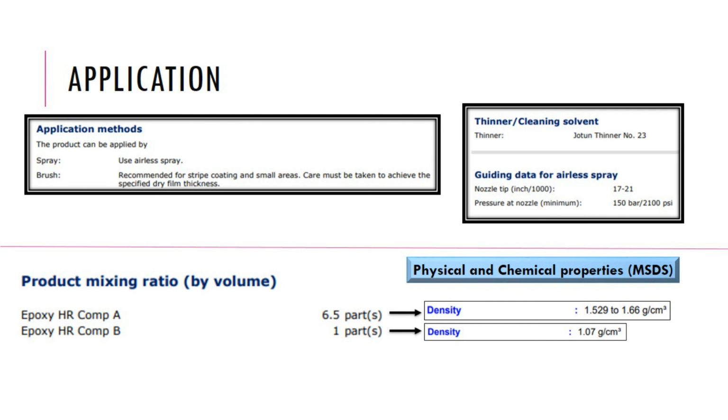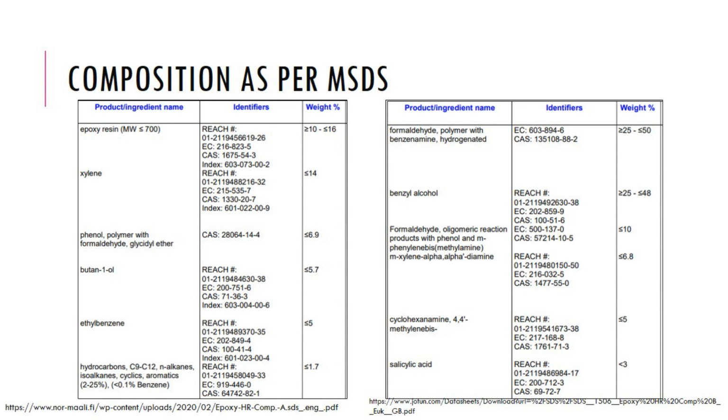Even in the reactions, we know that we need just one molecule of component A and one molecule of the hardener, component B, to get the cured coating. So why do we need a large amount of component A as compared to component B? One, this is related to the density, and two, it is related to the contents in addition to the actual resin.